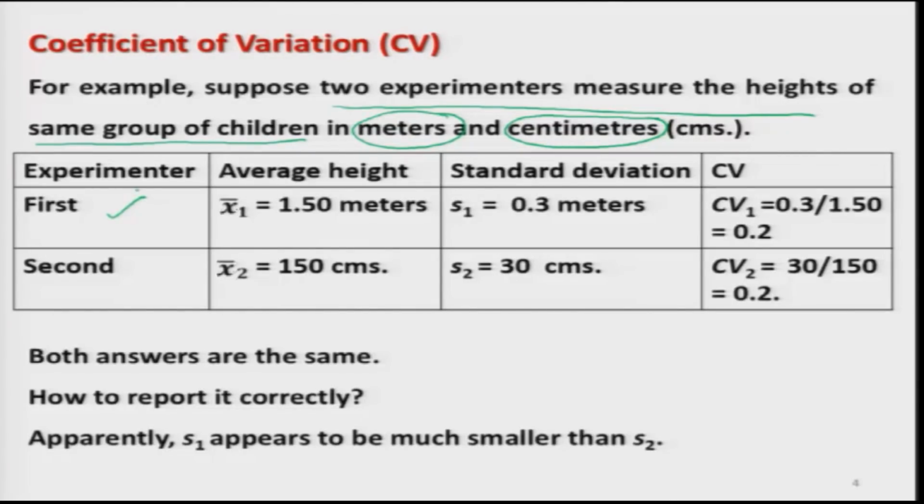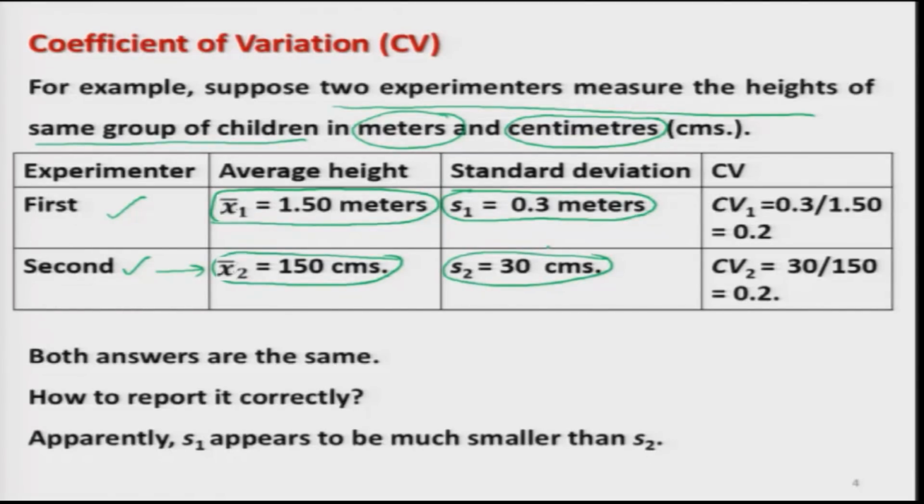This is the first experimenter, and this is the second experimenter. The first experimenter has found the average height to be 1.50 meters and the standard deviation to be 0.3 meters. Similarly, the second experimenter has found the average height to be 150 centimeters and the standard deviation to be 30 centimeters.